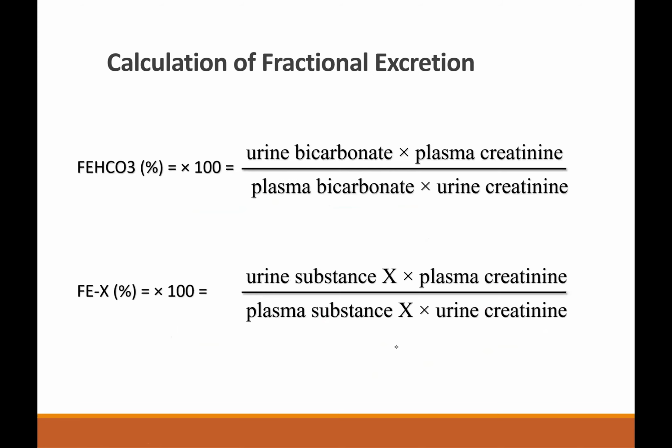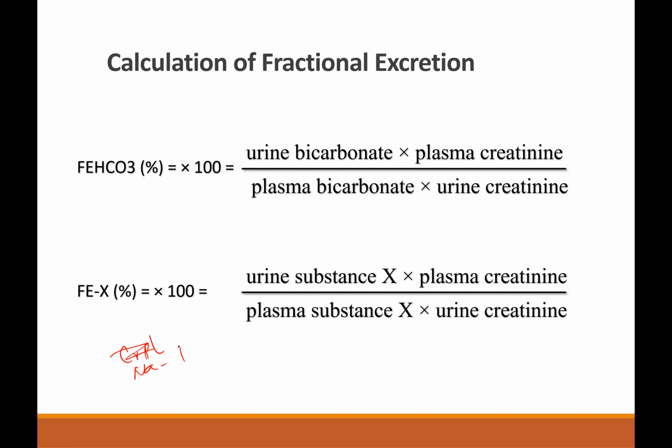Then how do I calculate the fractional excretion? For any substance, the concept is what is the concentration in the plasma and what is the concentration in the urine and what is the ratio of that. How do we know the concentration in the plasma? Substance X is sodium in the plasma.